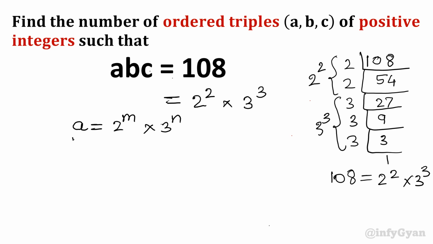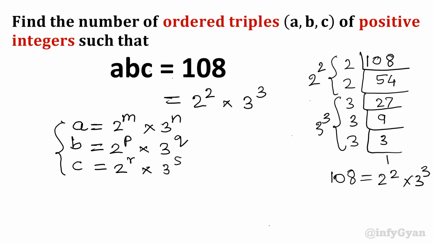So let us consider B also. B I am taking as 2 raised to the power p into 3 raised to the power q. Now C, what is left? r and s. So I will take C as 2 raised to the power r into 3 raised to the power s. Now let's substitute the values of A, B and C in our original equation.